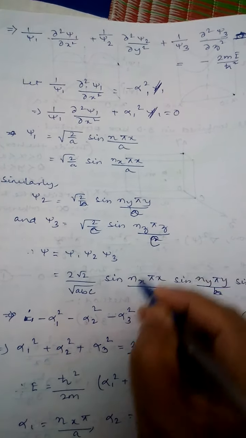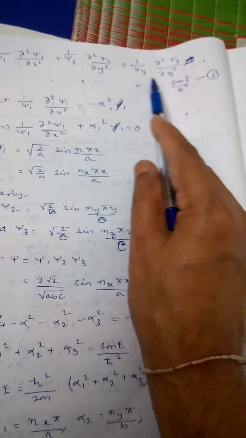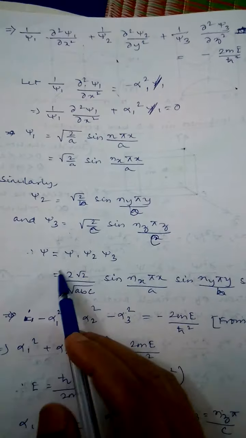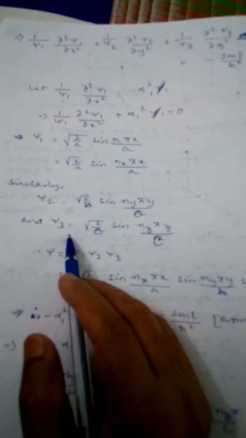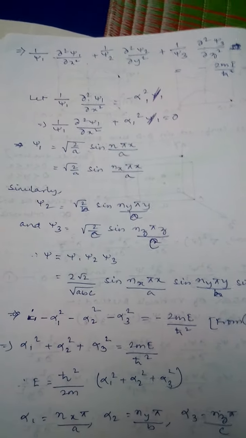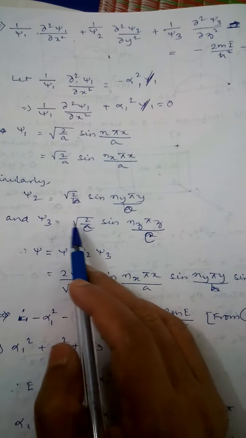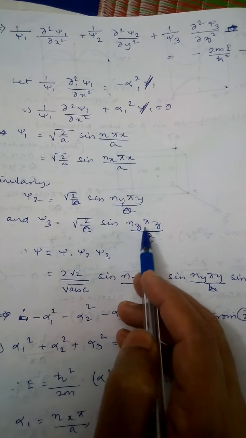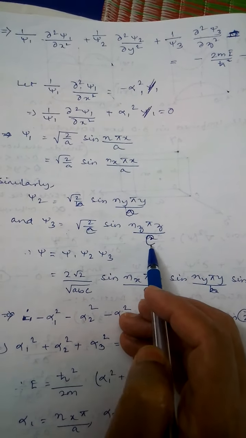That is c. For psi 3, similarly, the third term equals minus alpha 3 square, and after simplification we'll have a similar expression like the first and second. It also indicates a one dimensional box potential problem, and its solution takes the form psi 3 equals root over 2 by c sine of nz pi z by c.